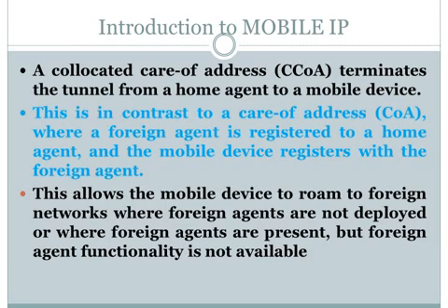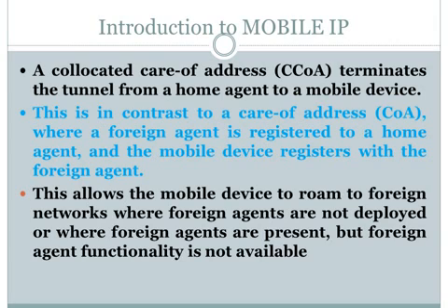And you can see this is different from the care of address, where first a mobile node that's there in a foreign network has to contact the foreign agent. Okay, then the foreign agent again has to contact the home agent. We'll see all this registration process later.